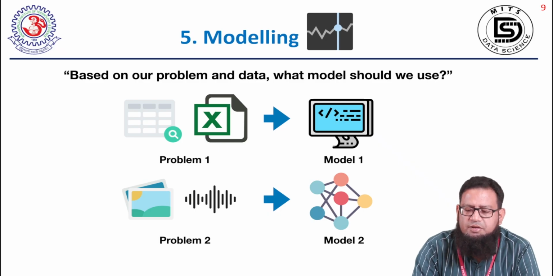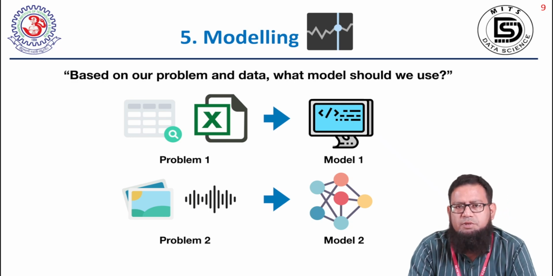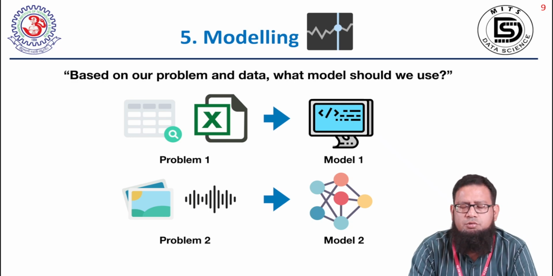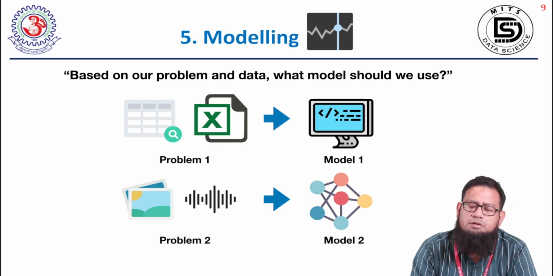But if you have a problem with unstructured data, we have to use a different type of algorithm. So modeling also depends. If you have classification, you have different algorithms for classification. If you have a regression problem, you have different algorithms for regression as well.